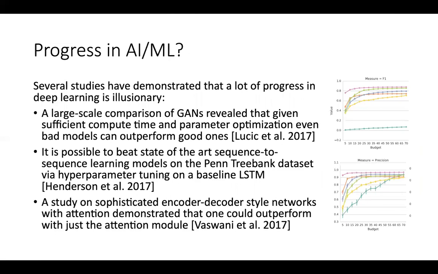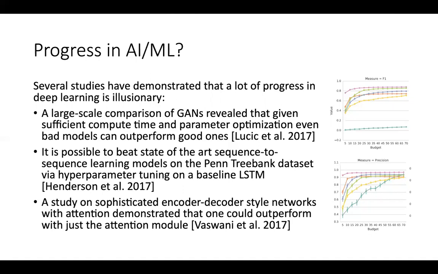Just to highlight this, here are examples of some recent, over the last few years, large-scale studies where it was shown that the supposed progress on the AI/ML side was somewhat illusory. In the first one, a large-scale comparison of GANs revealed that if one is given sufficient compute time and parameter optimization, even quote-unquote bad models can outperform quote-unquote good models.